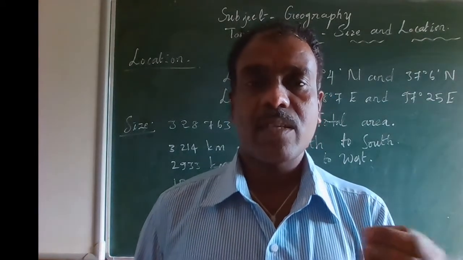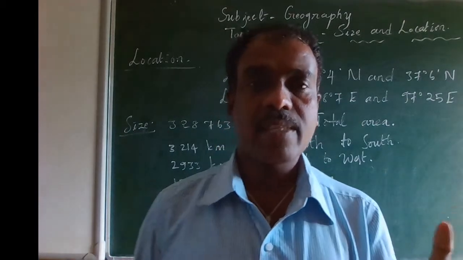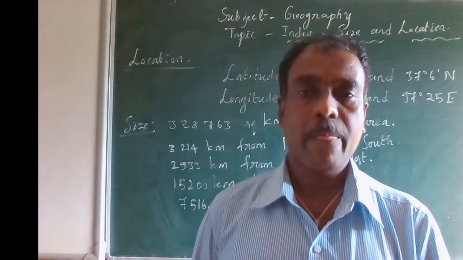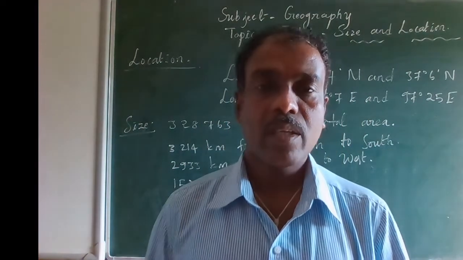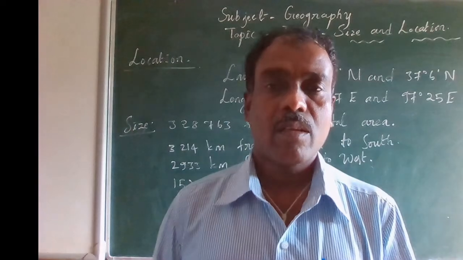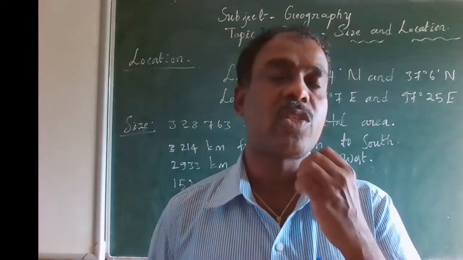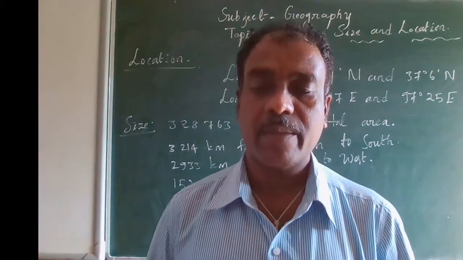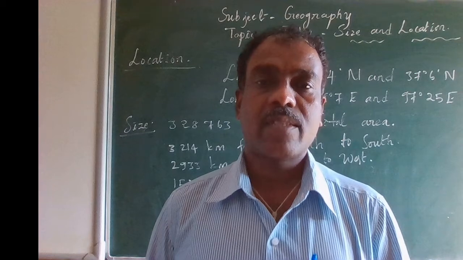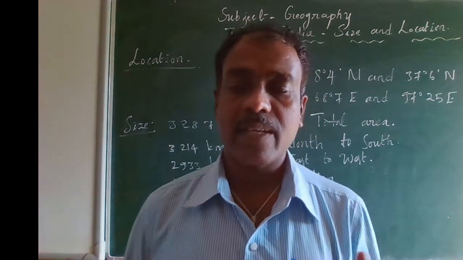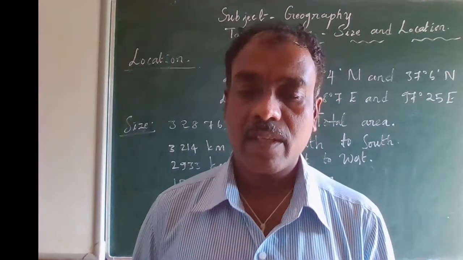So please try to understand about the size and location of our country. It is one of the largest countries in the world. It has 2.4% of the total geographical area of the world, and it's identified as the 7th largest country of the world.